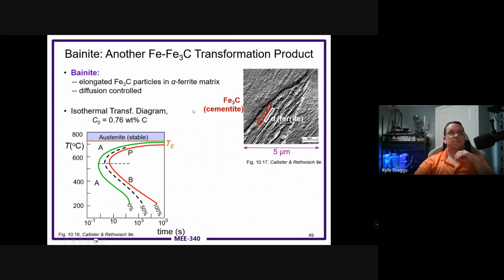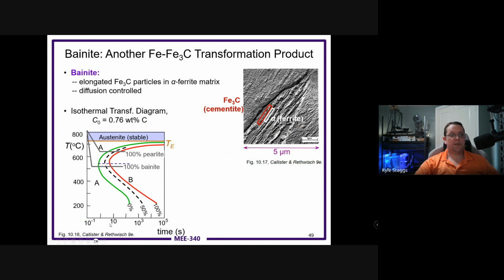This is something that can also happen below the temperature where we're only forming pearlite, down below this temperature range, which is about 540 or so. Up here, you get 100% pearlite. Down here, you get 100% bainite if you drop low enough in overall temperature.